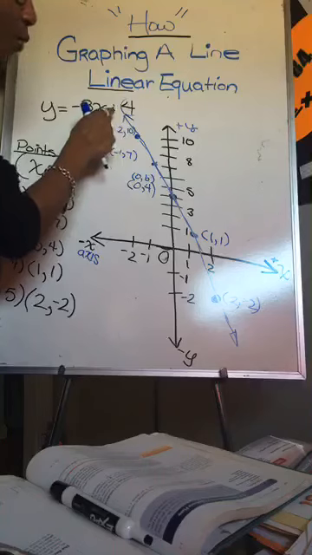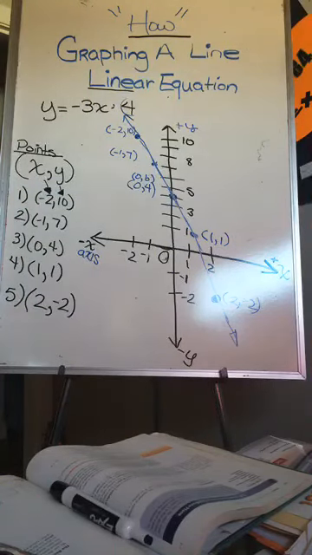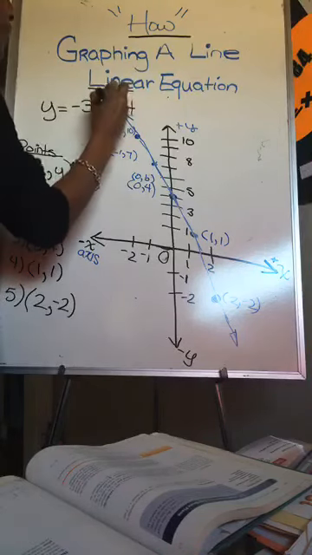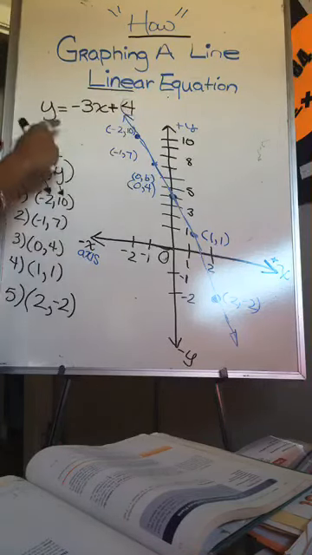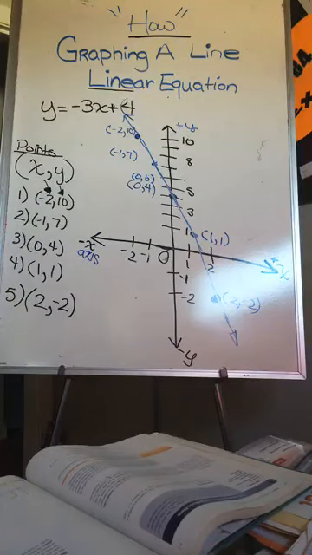So now you see we have graphed our line by creating a table and plugging the values that I gave into this equation, negative 3x plus 4. This is what this equation looks like on a graph.